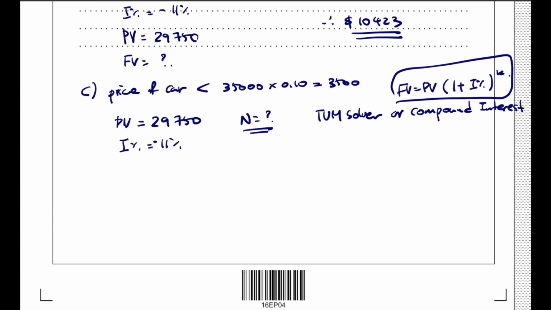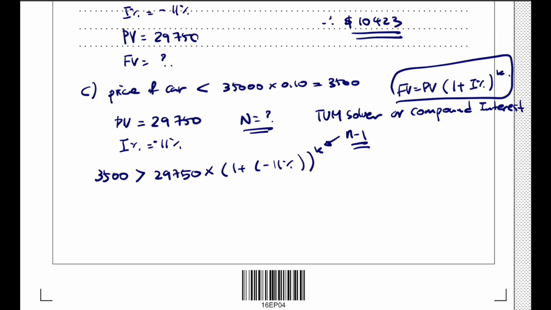So the future value is 3,500, and it's greater than the present value times 1 plus negative 11% to the power of k. And the k here is the same as n minus 1. The reason we do n minus 1 is because we are trying to exclude that first year that has a different interest, right?